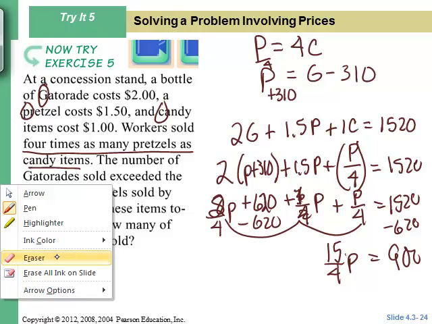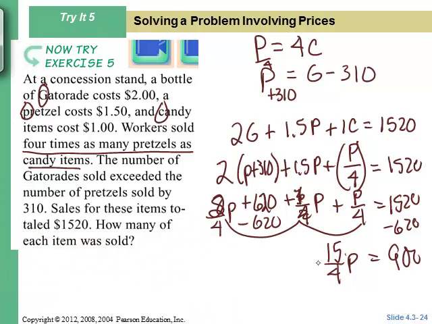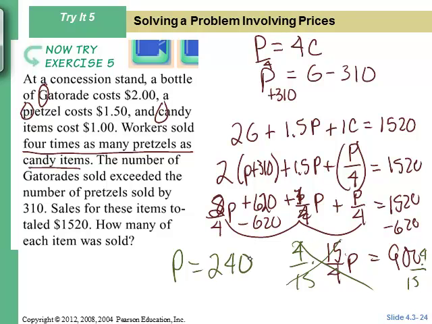So let's multiply both sides by 4/15. These cancel. 900 times 4 divided by 15 is 240. So pretzels is 240.